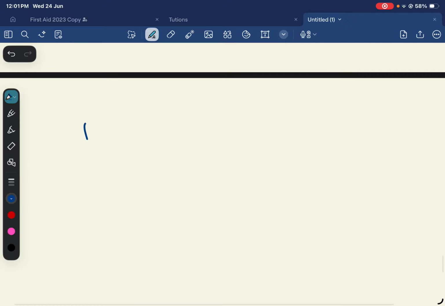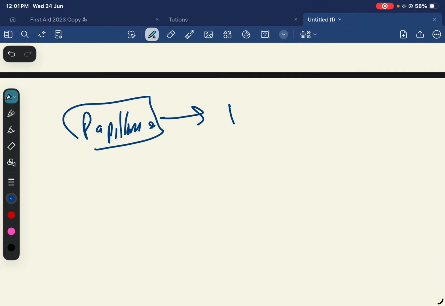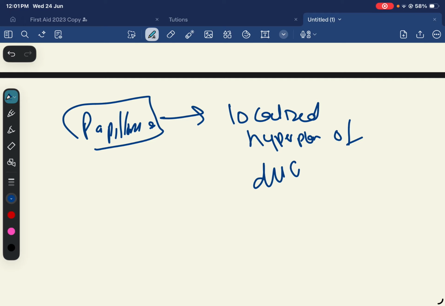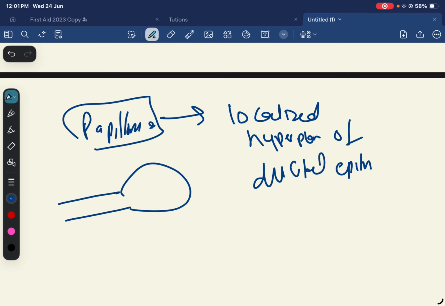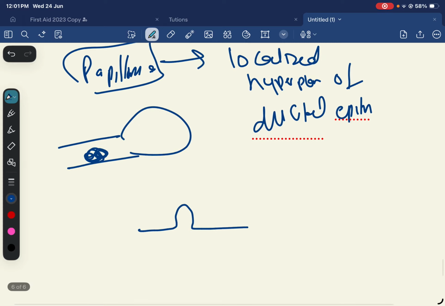The second one is the papilloma. This is basically defined as the localized hyperplasia of ductal epithelium. So this is your duct and this is your lobule. It is because of the local hyperplasia of the ductal epithelium, so it's going to be presenting like this.